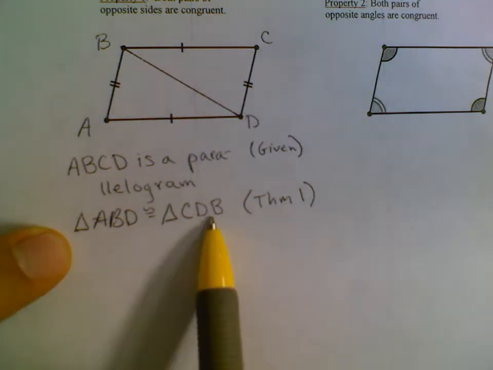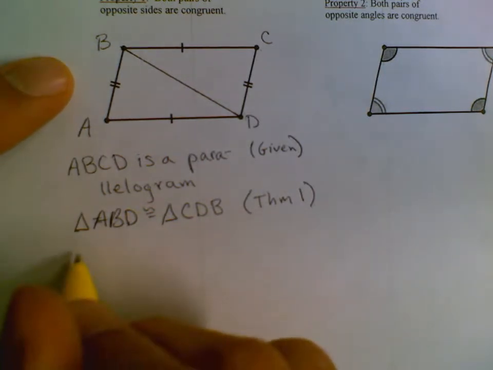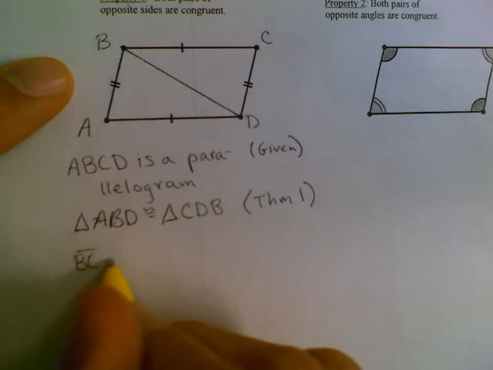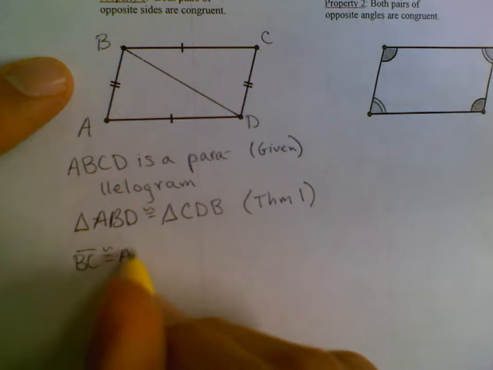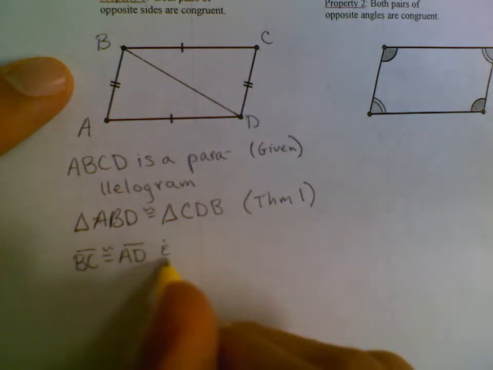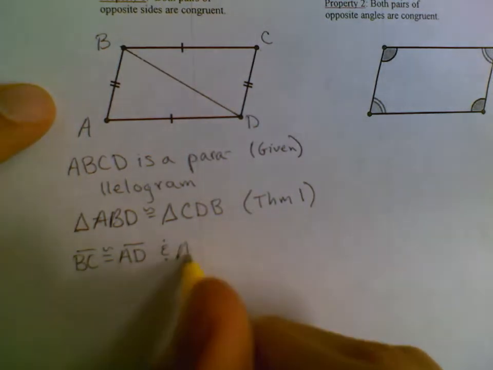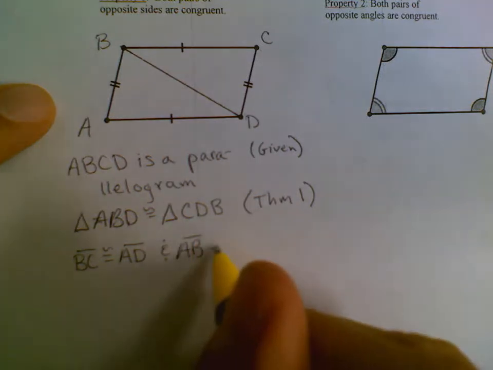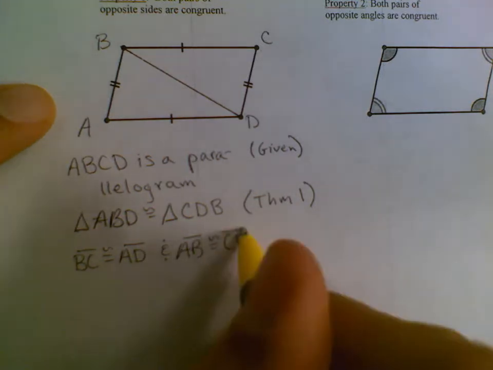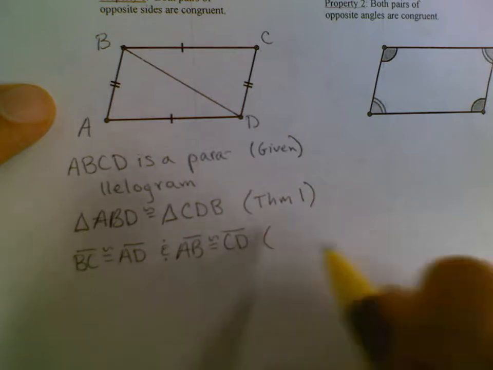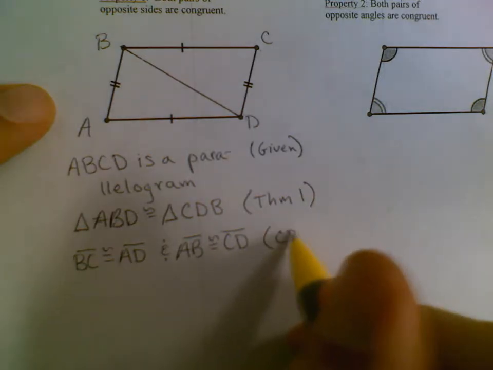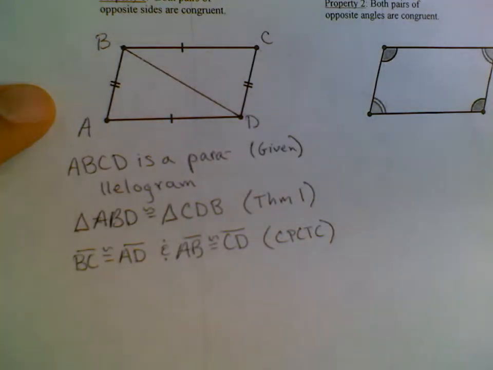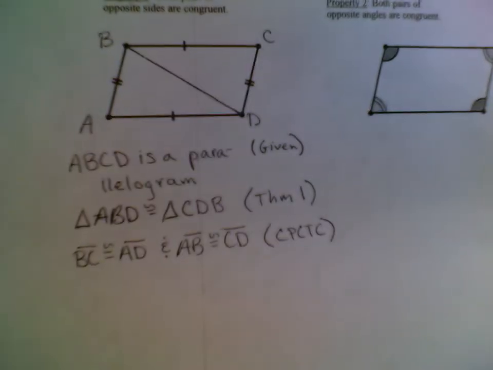If the triangles are congruent, what has to be true? Well, that forces the opposite sides, BC and AD, also AB and CD, to be congruent. So that's by CPCTC. Does any of that make sense?